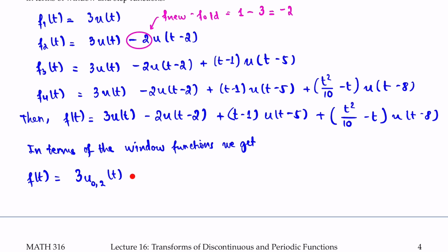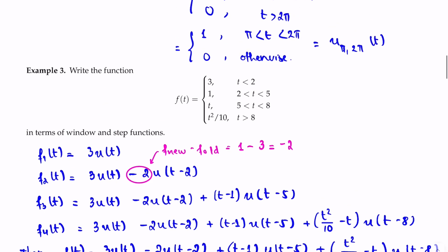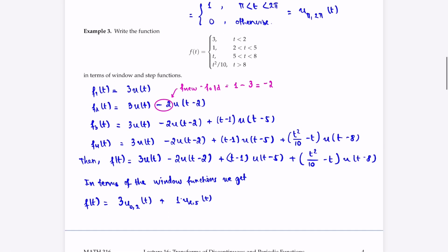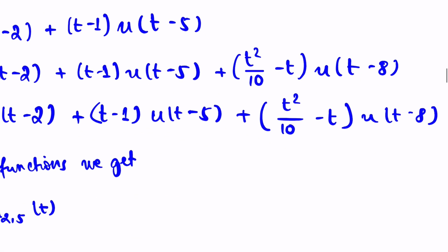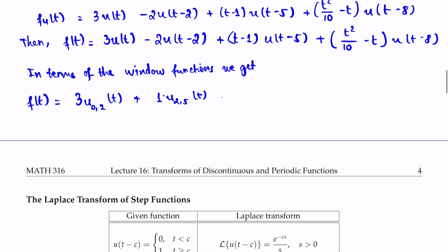Now the next one is 1, so 1 times u sub 2,5 of t. Why is it 1? Because of the function 1 here, right? And the interval is between 2 and 5, so that's why you have the window function like that. The next one is t times u sub 5,8 of t. Okay. And the last one is t squared over 10, okay, times u of t minus 8.